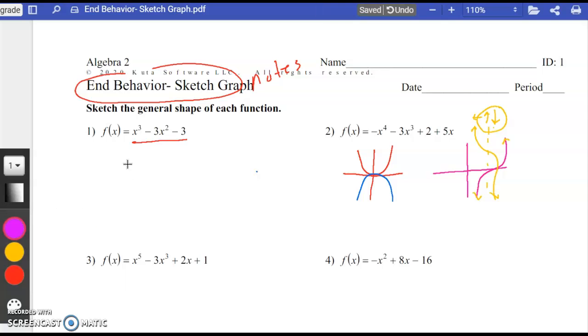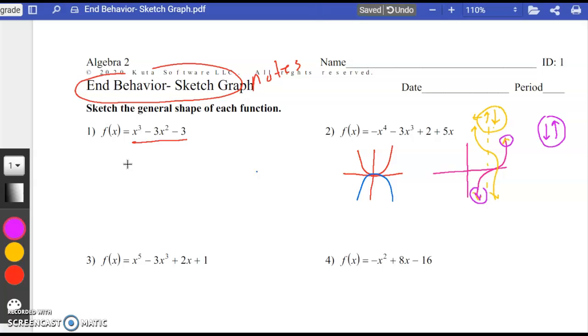If we look at this one, we have this arrow going up, and that one's on the right, and we have this arrow going down, and it's on the left. So that's what our end behavior would look like with arrow notation.